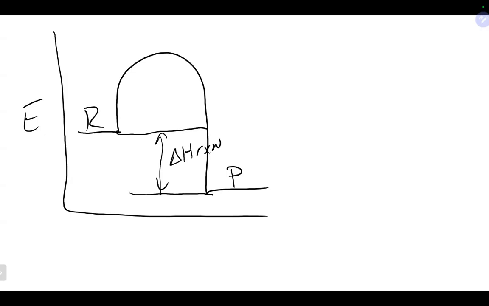The difference between the energy of our reactants and the energy of our products is what tells us how much net energy is either given off or absorbed in a reaction. One way you could calculate this, as I mentioned, is that the delta H of a reaction would be the delta H of your products, which is your final state, minus the delta H of your reactants, which is your initial state.